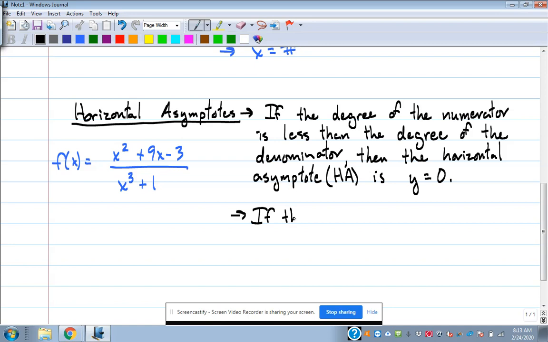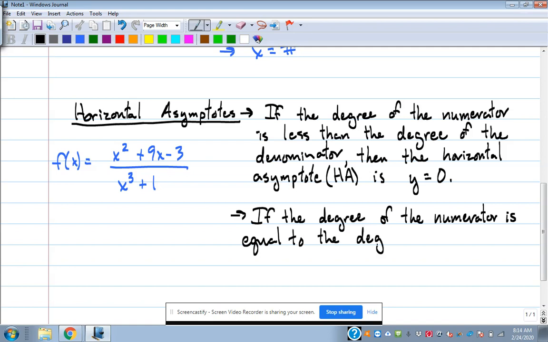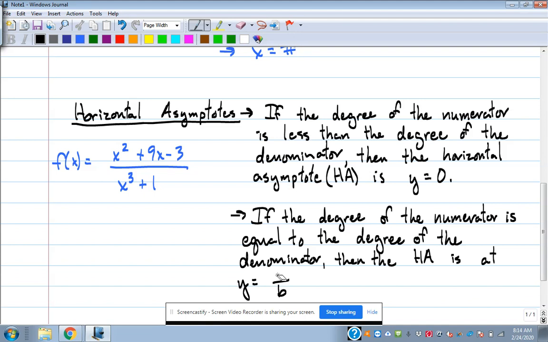If the degree of the numerator is equal to the degree of the denominator, then the horizontal asymptote, I'm going to abbreviate HA, is at y equals A over B. That is the ratio of the leading coefficients.